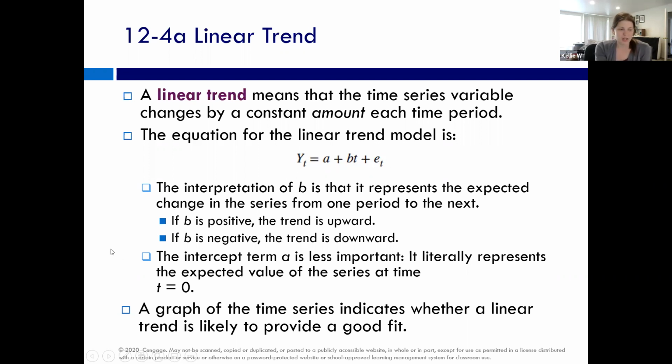The interpretation of the coefficient b is that it represents the expected change in the series from one period to the next. So if b is positive, it's an upward trend. If it's negative, it's a downward trend. The intercept term a is not as important. It's just what we expect the value to be at time equals 0. But what we really care about is how much during each time period are we increasing.